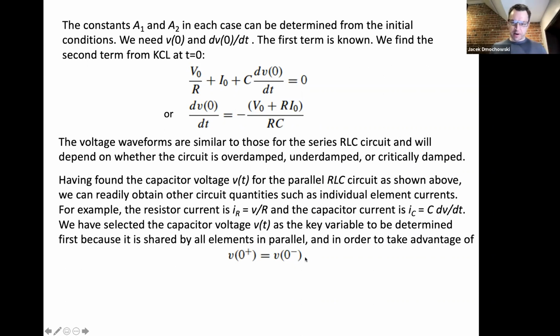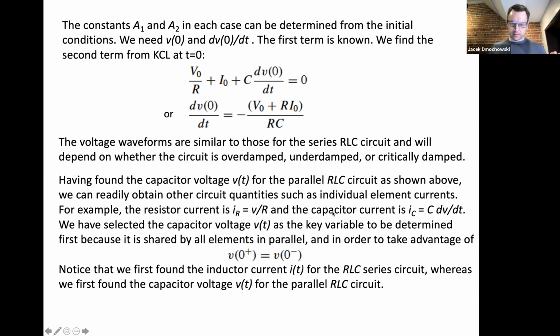And once you have the capacitor voltage, you can use it to solve for the resistor current or the capacitor current. So remember, in a series RLC circuit, we are solving for the inductor current because in a series circuit, the current is common. For a parallel RLC circuit, we're solving for the voltage, namely the capacitor voltage, because the voltage is common to all three elements.